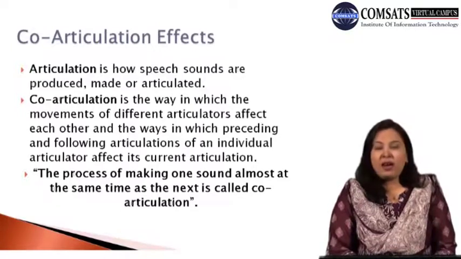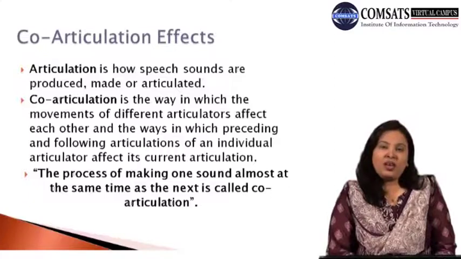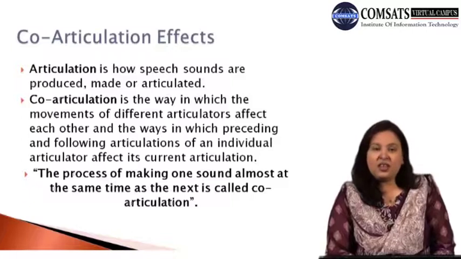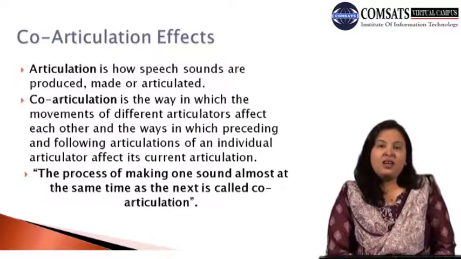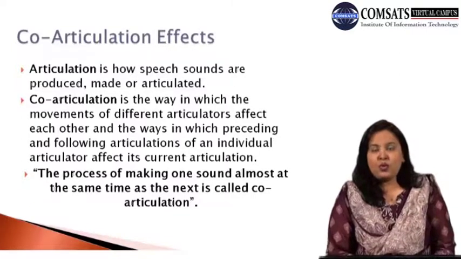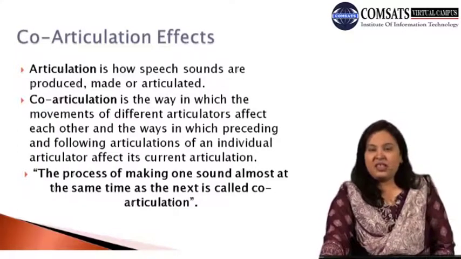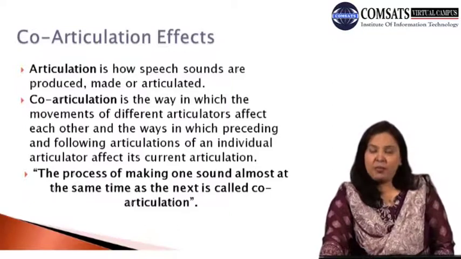And when we collectively produce the sounds, these two sets of organs work together, and something happens as a result, which is known as co-articulation. So, co-articulation is production of two different speech sounds at the same time.